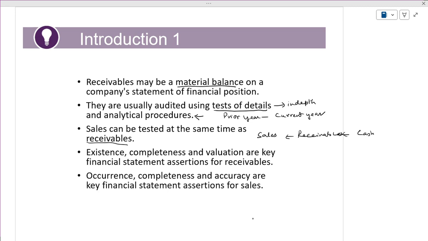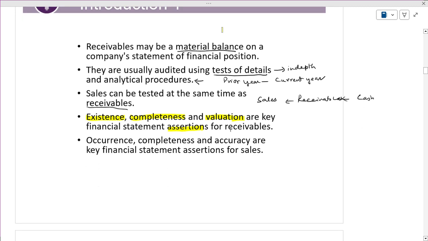Existence, completeness, and valuation are the key assertions. Existence has to be there as the sale has occurred. Completeness, we have to take everything into consideration, and we have to value. Valuation is any estimated losses, any irrecoverable amount we have to deduct from that.